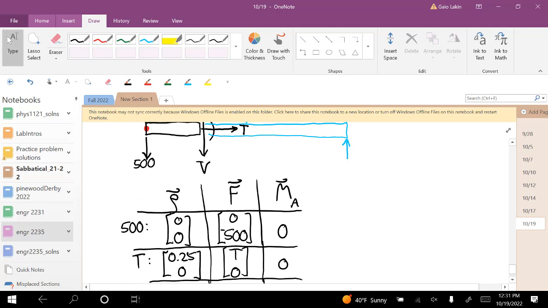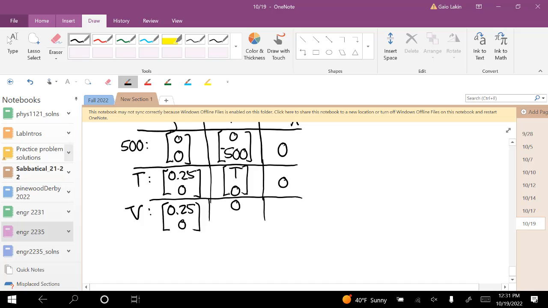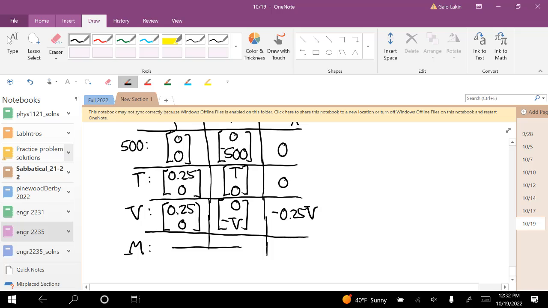And 0, negative 1 times V is 0, negative V. And so that cross product is negative 0.25 V. And then the last thing is the bending moment. We don't care about that stuff. And it's just M.